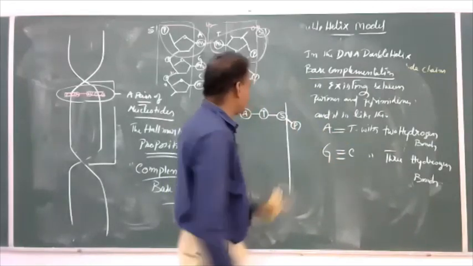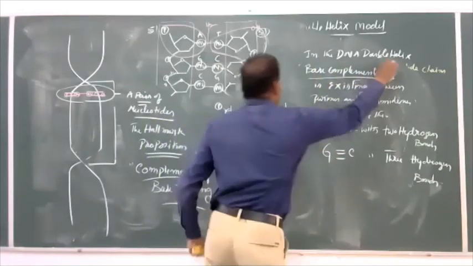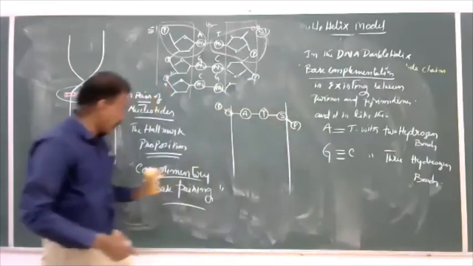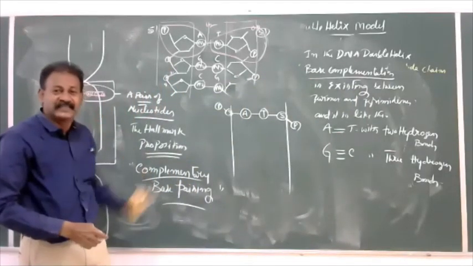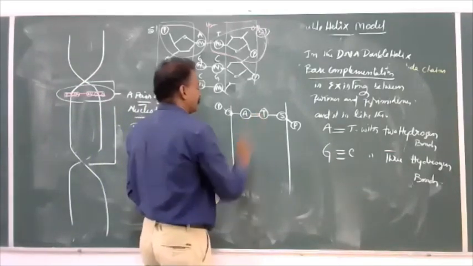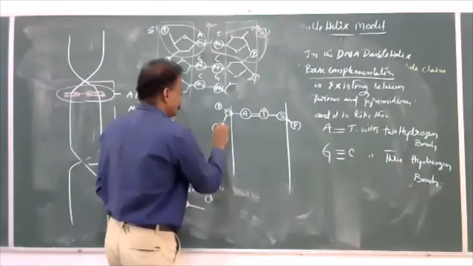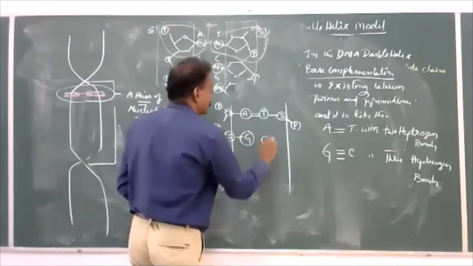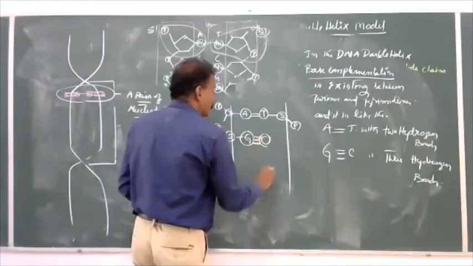But what is base complementation, or what are called complementary base pairs? It means in the DNA molecule, A always bonds with thymine, and guanine always bonds with cytosine with 3 bonds.